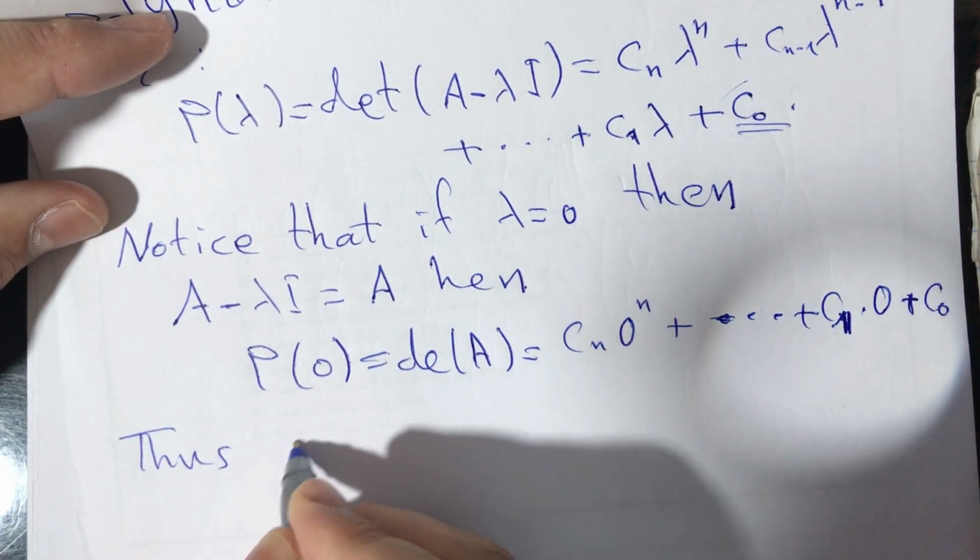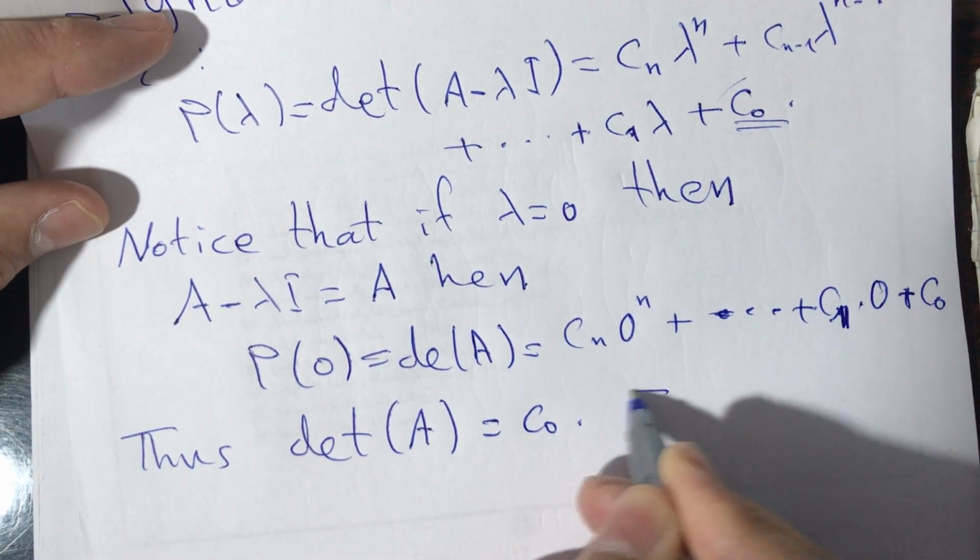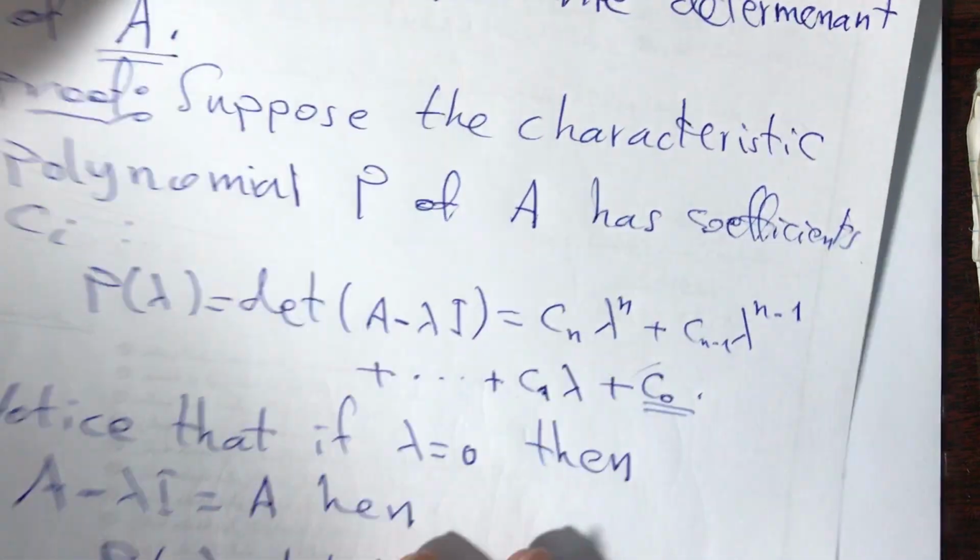Thus the determinant of A equals C0. This finishes the proof.